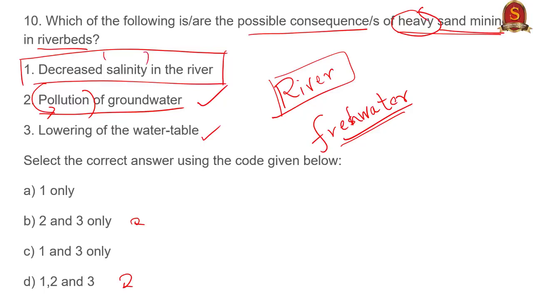Which means the salinity in rivers is extremely low, which does not warrant a point of discussion. So the concept of salinity is not associated with fresh water, but with seawater, and hence the first statement has logically no connection with heavy sand mining at all. The answer is B. You can pretty much narrow it down without any problem at all.